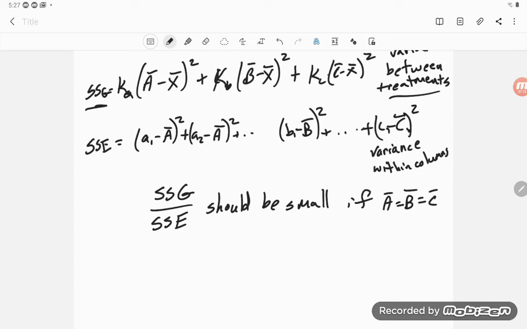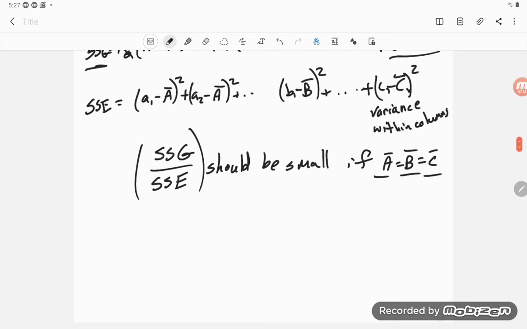We just have some random sampling, so they aren't going to be exactly equal. But if we're sampling from populations where these means are all the same, then this ratio should be small if they're equal, and it should be big otherwise.